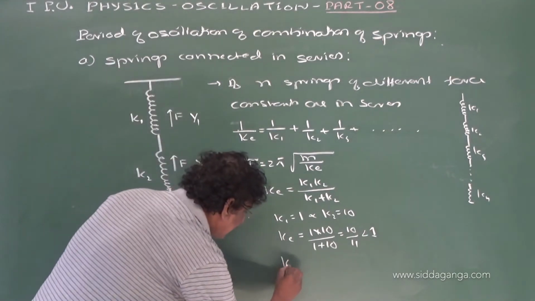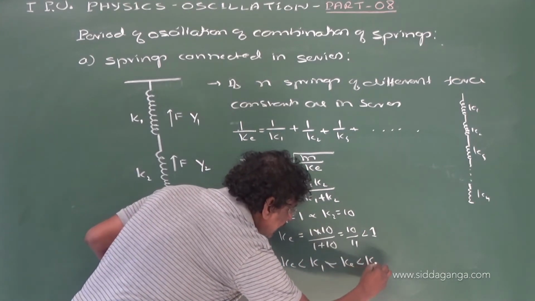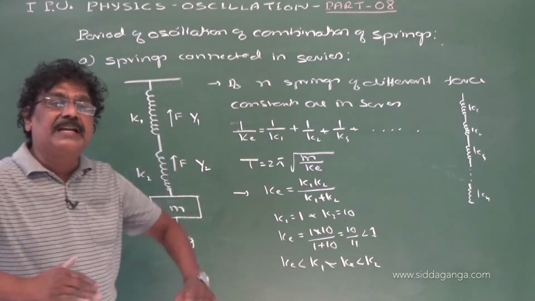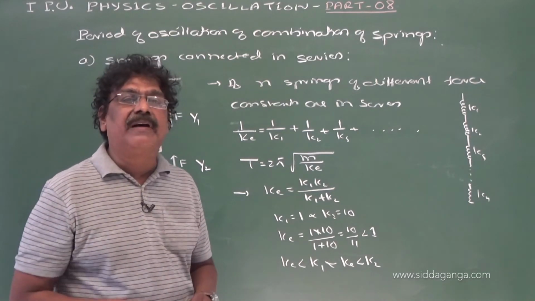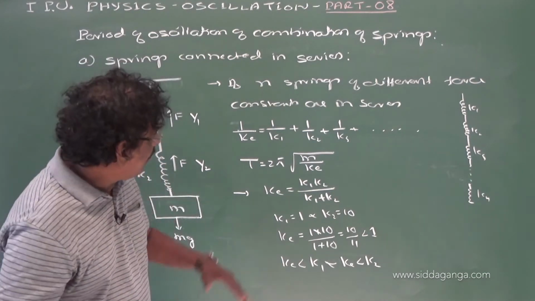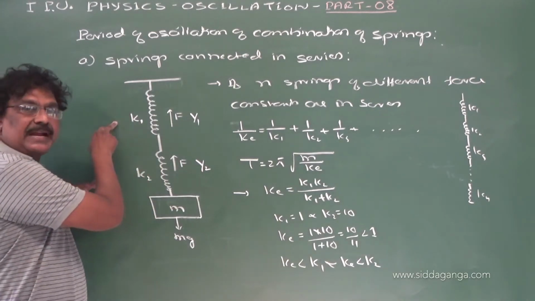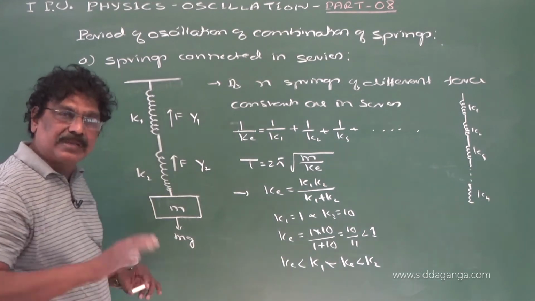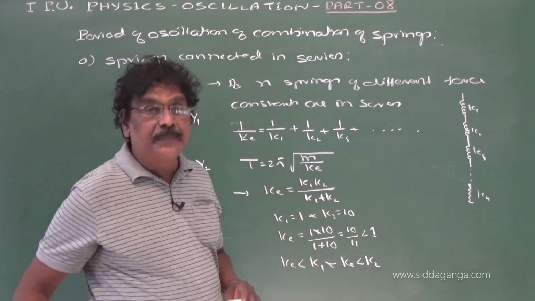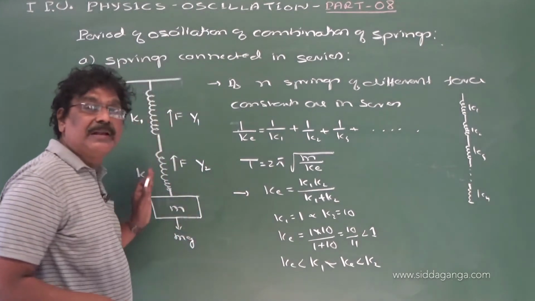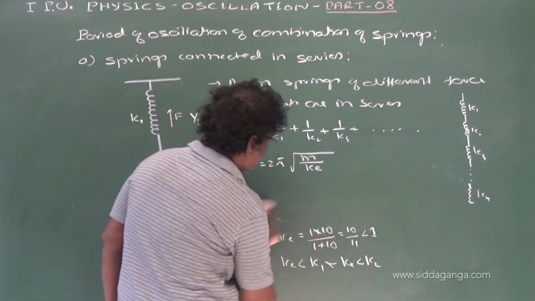That is, Ke is less than K1 and also Ke is less than K2. So the effective force constant is always less than the least of the force constants. If we use them individually, one has a period T1 and the other a period T2 as a single spring, but when they are used in combination, the effective value of K decreases.